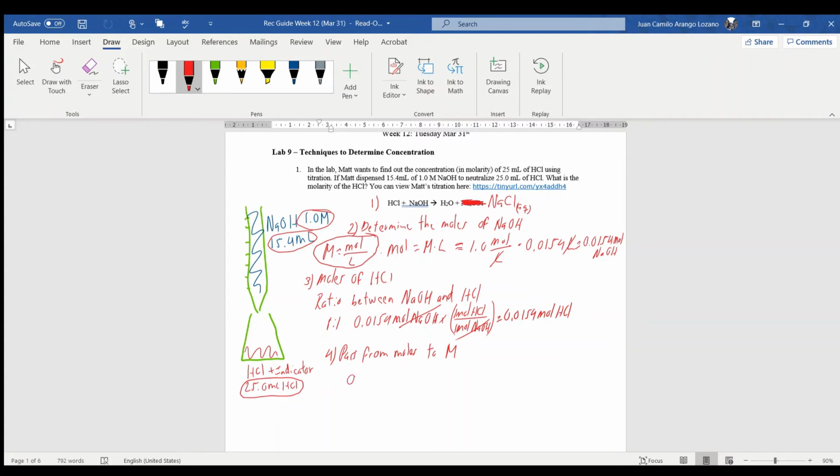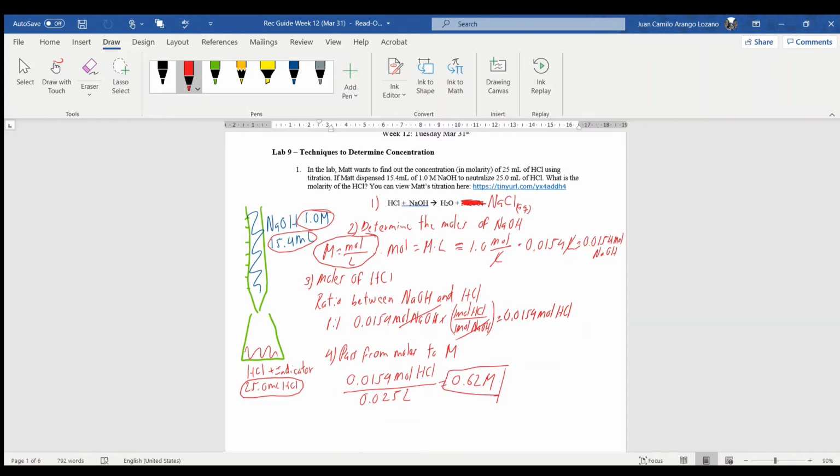Therefore, this is going to be used to divide 0.054 moles of hydrochloric acid over that volume passed to liters. So that's going to be equal to 0.025 liters. And in the end, that's going to be equal to, let me do this real quick, 0.054 over 0.025, 2.16 molar. And this is it.